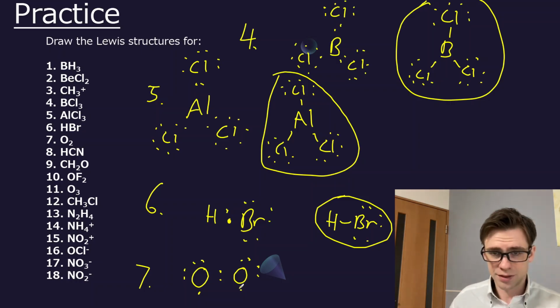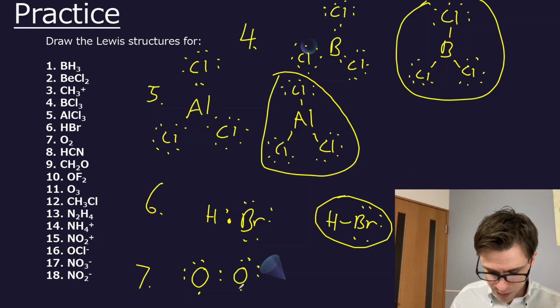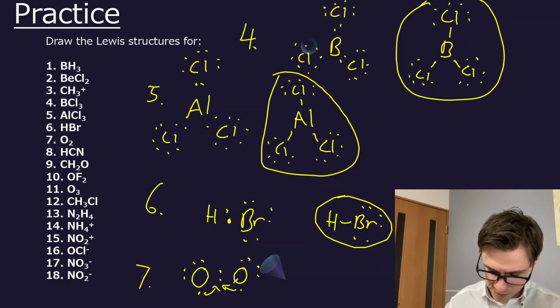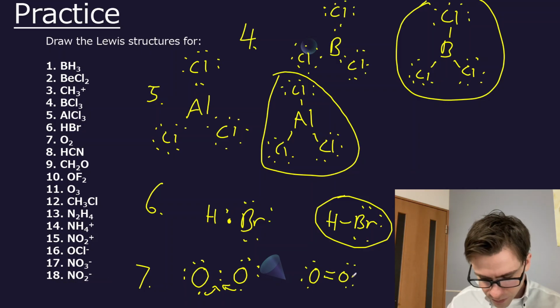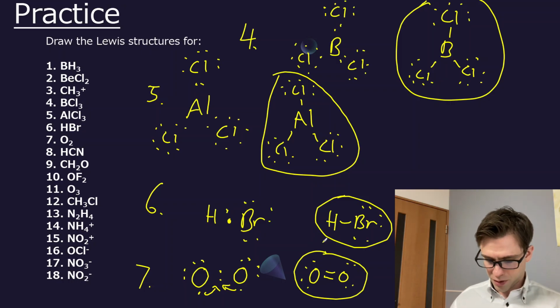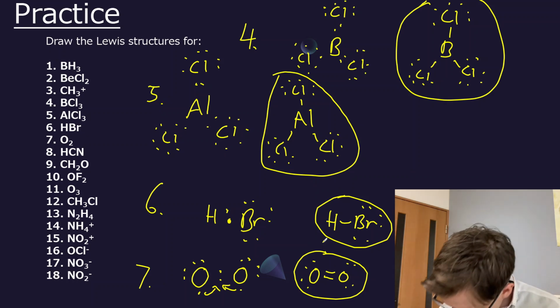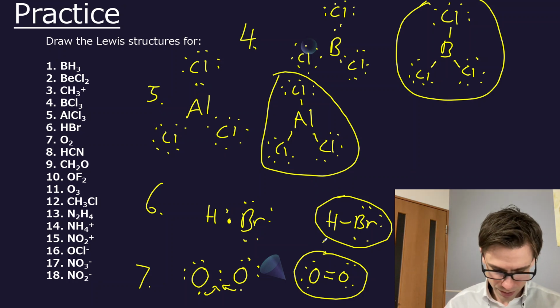What they would like is an octet, 8 electrons in the valence shells, so they can each share one electron and make another bond here. O2. So OO double bond, and then 2 lone pairs on each oxygen. Not too bad. Okay, I'm going to clear this slide up.